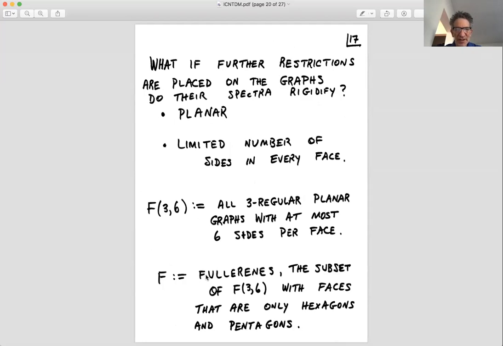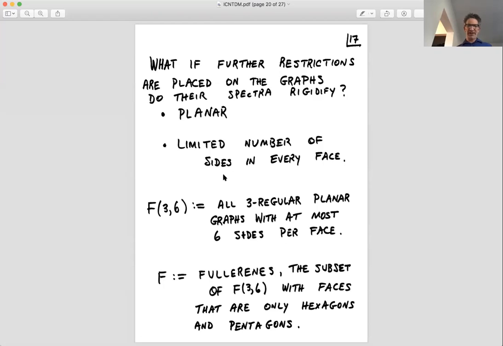Firstly, you could ask, as you start adding conditions on your graph, at what point can you no longer create gaps? At what point do they start to rigidify? Well, putting the condition of planar, by our first theorem, does not prevent you from creating gaps anywhere. But what does create that is if you are planar, then you could ask about the faces.